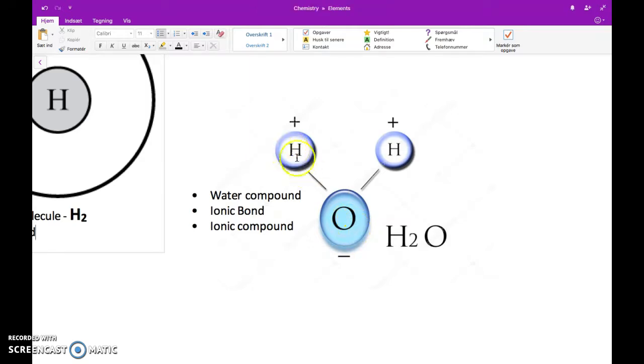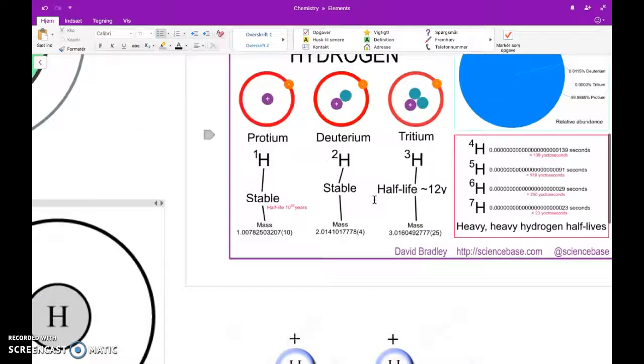So these donate 1 each with this ionic bond, and therefore these are positive, and this one gains 2, so therefore it's negative. And the charges here, there's a bond between them since they're attracted to each other. That's why it's H2O, and they have this ionic bond. It's an ionic compound right here.